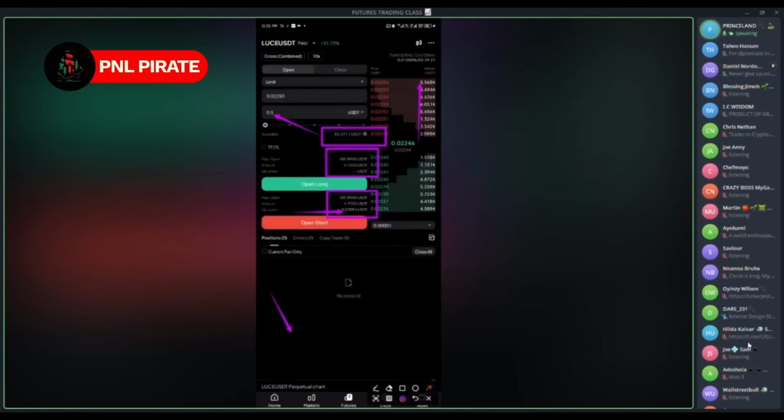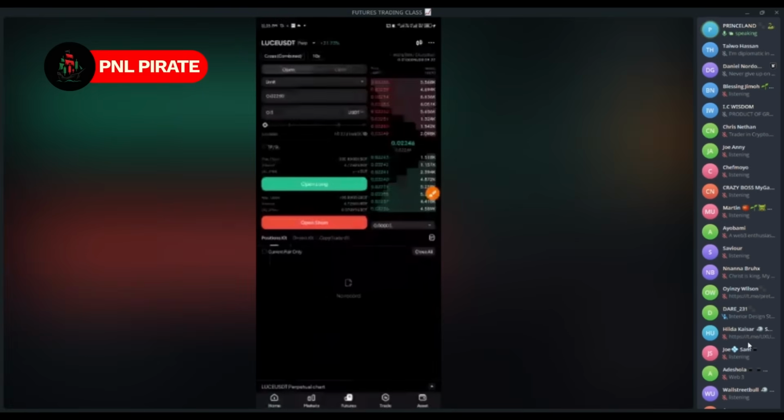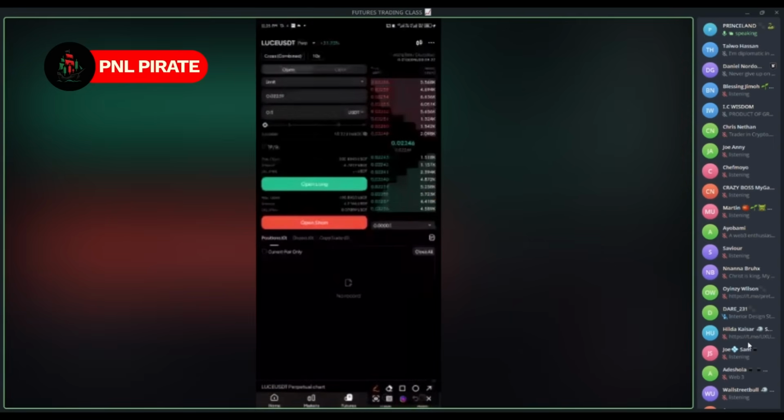It needs to go up to 0. Oh, what am I doing? Okay, sorry. Now this is the details for long. This is the details for short. I have not opened the trade.